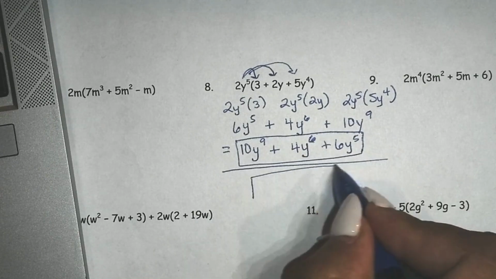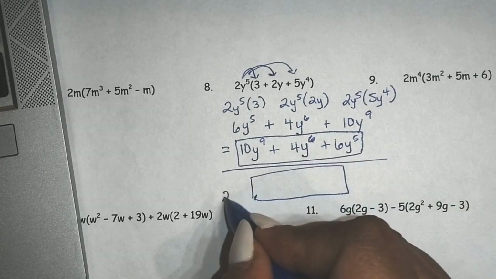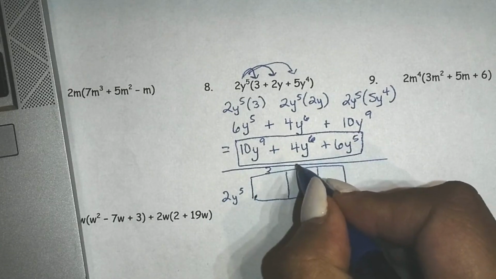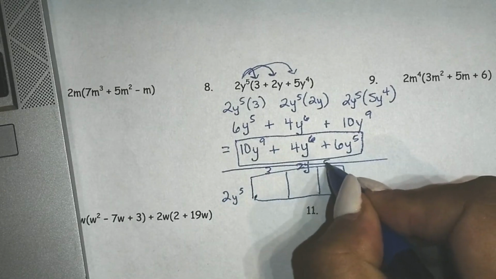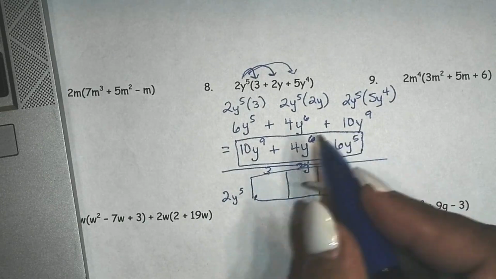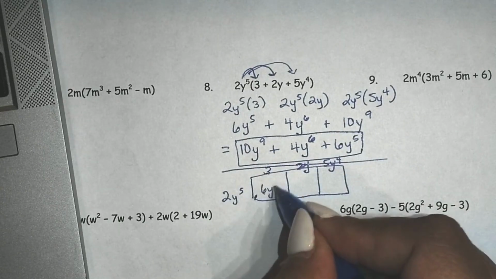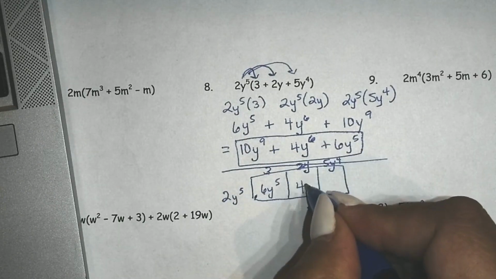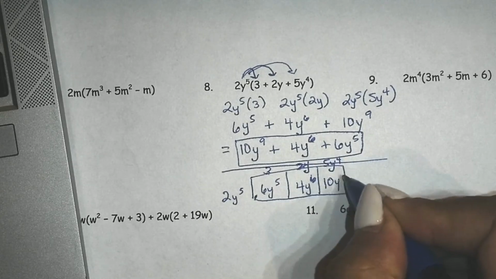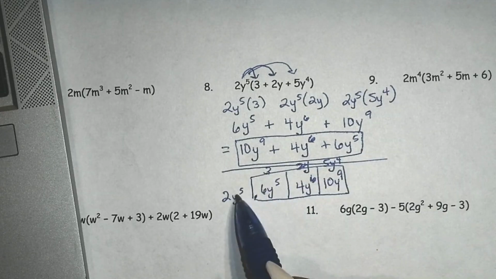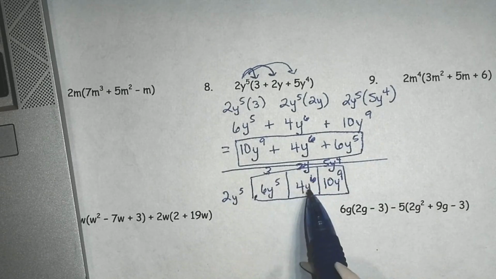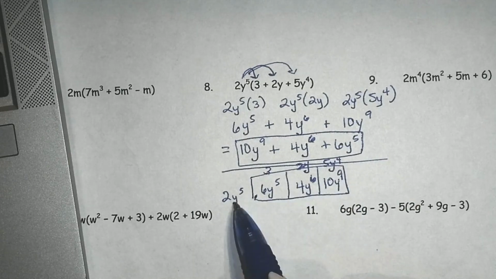Now, if you were to do this with the box, you would do your 1 by 3, 2y to the 5th on the side, and then your 3, the 2y, and 5y to the 4th on the top, and you just fill out your products. 3 times 2y to the 5th is 6y to the 5th. 2y times 2y to the 5th is 4y to the 6th.